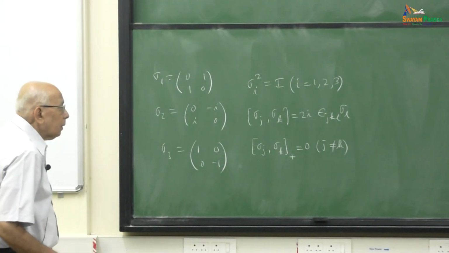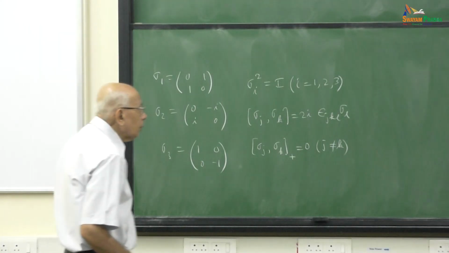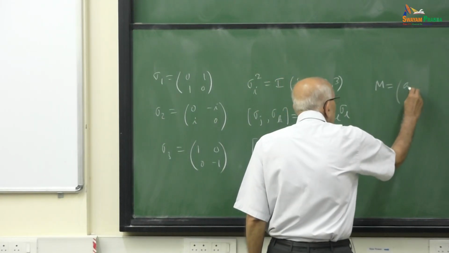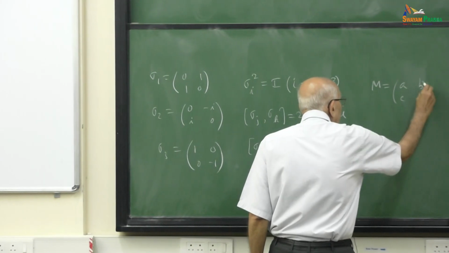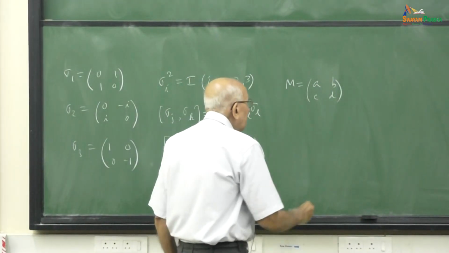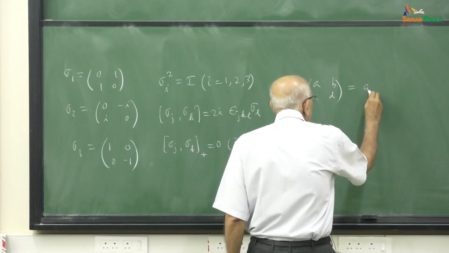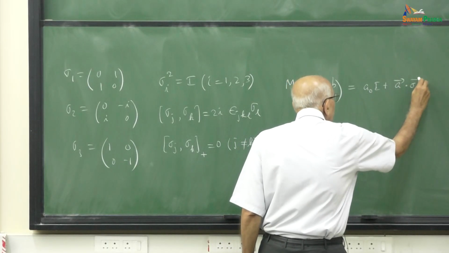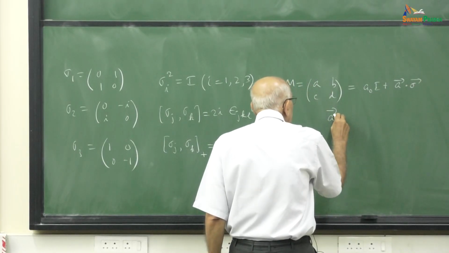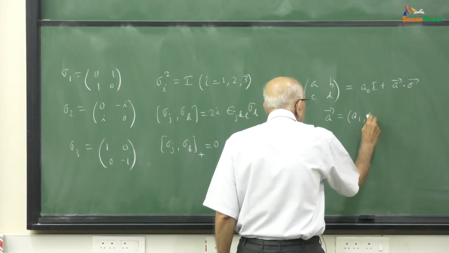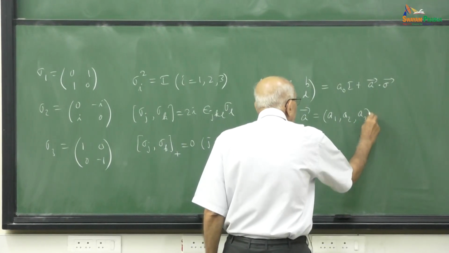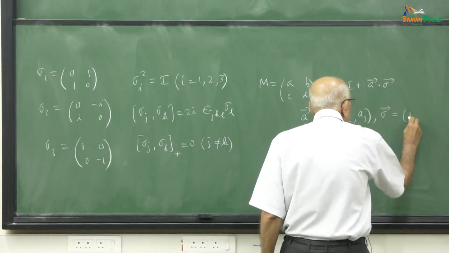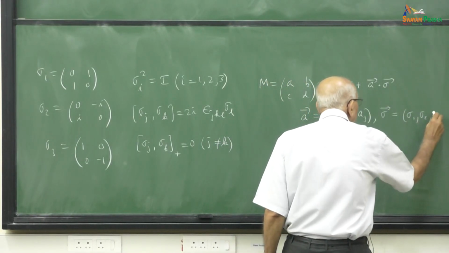Yes. We also pointed out a very important property, namely that any 2 by 2 matrix M, an arbitrary 2 by 2 matrix with complex entries, can be written uniquely in the form a0 I plus a dot sigma, where a is the components a1, a2, a3, and sigma is shorthand for a set of three matrices, sigma 1, sigma 2, sigma 3.